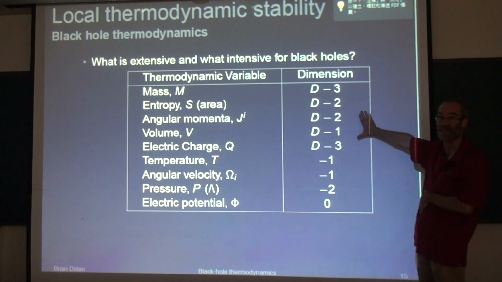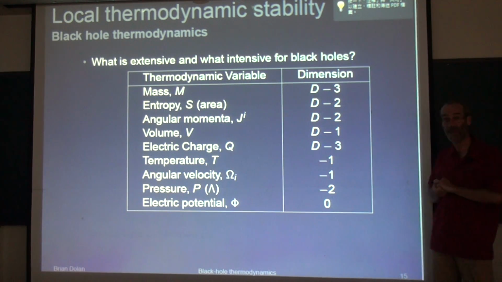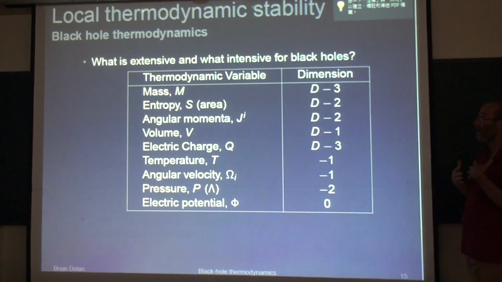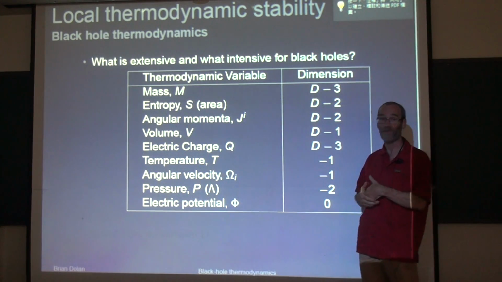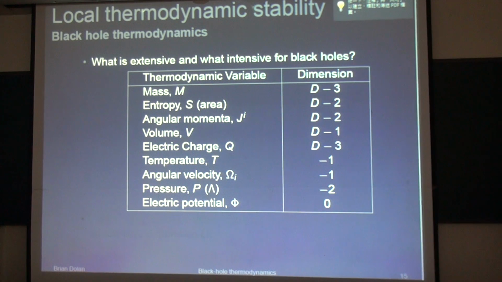So it's an open question as to what kind of consistent thermodynamic systems you can make where the scaling dimensions are not homogeneous. I think it's an interesting question. I believe that black hole thermodynamics makes sense, so I believe it ought to be possible to construct a consistent thermodynamic system where the scaling dimensions are not homogeneous. But no one has done it on any axiomatic basis as yet.